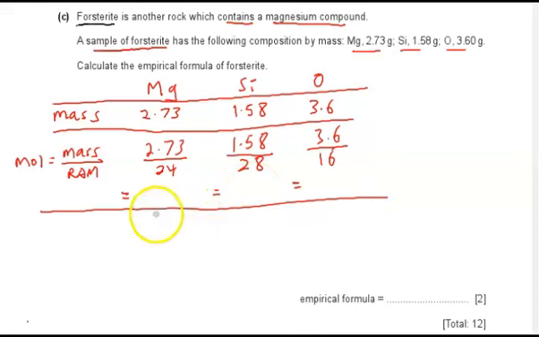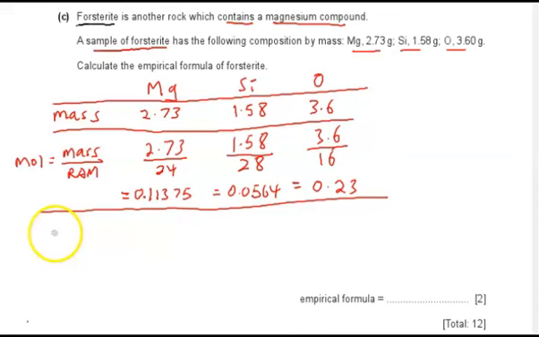So when we are getting this mole here, okay, let me calculate this. So here we'll be having 0.11375. Here we have 0.0564, and here we have 0.23.